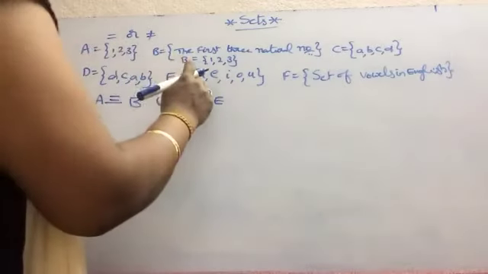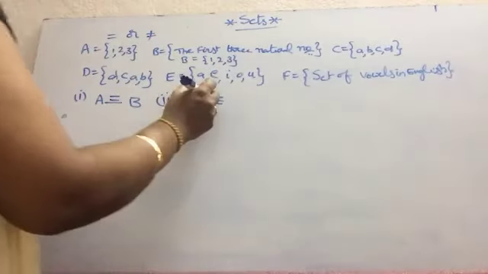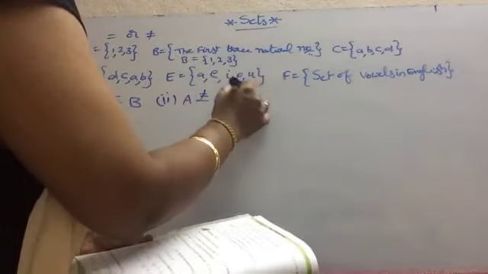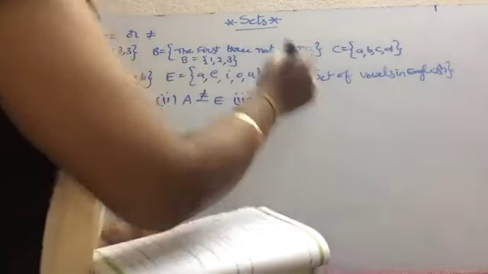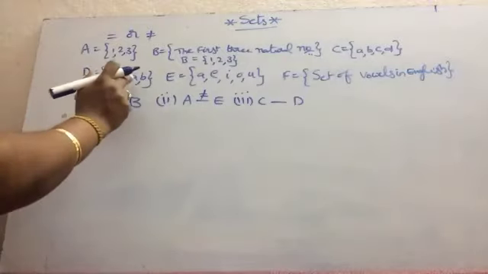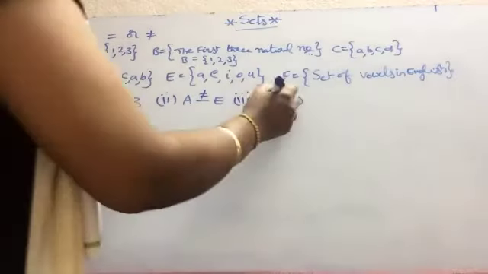And what are the elements of E? A, E, I, O, U. So not equal. And the third one is C, D. What are the elements in C? A, B, C, D. And in D? A, B, C, D. So both are equal.